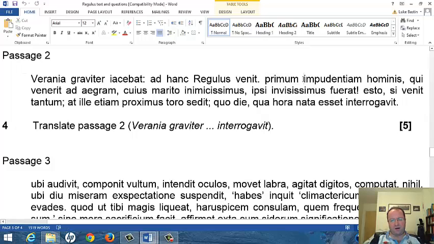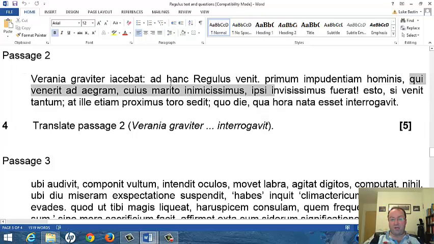Lots of people in class, and actually lots of people up and down the country, will mistakenly think primum and imprudentiam agree. They do not. They do not agree. So don't make that mistake. Primum is being used adverbially, and imprudentiam is an accusative. Okay. Hominis is a genitive, of the man.